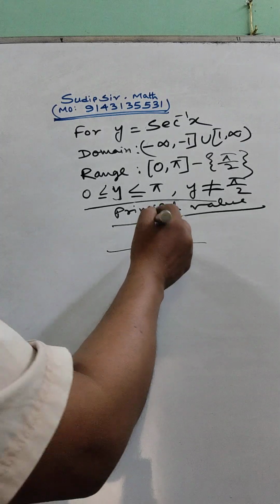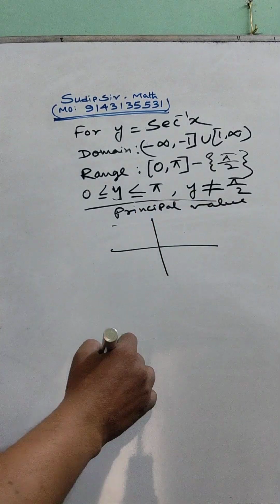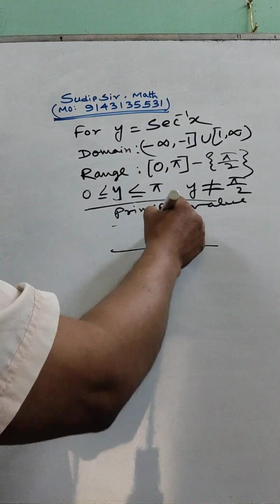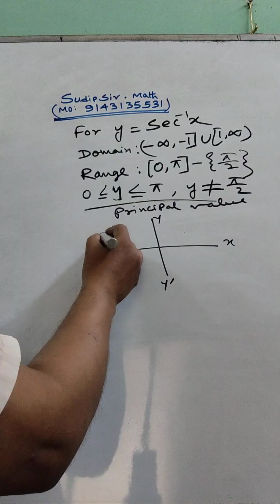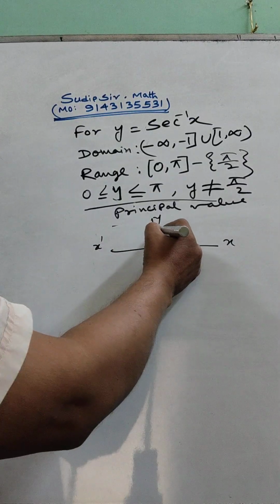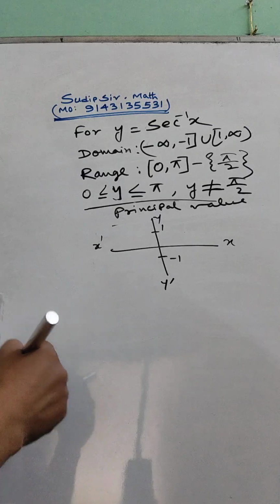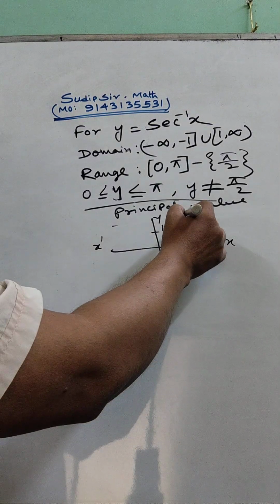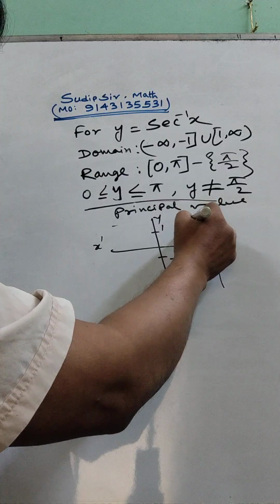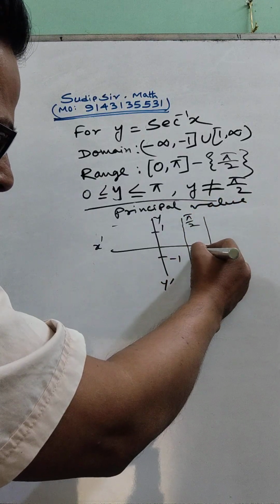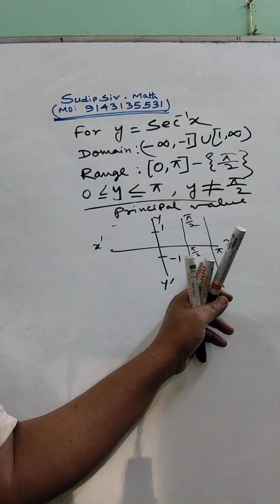For sec x, this is the y-axis and x-axis, this is 1, this is minus 1, and say this is pi by 2 and this point is pi.